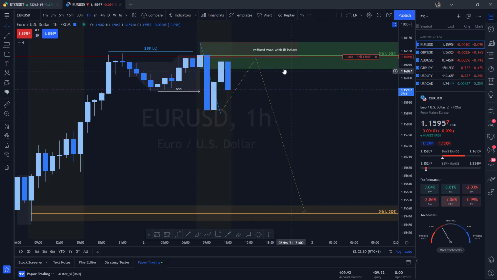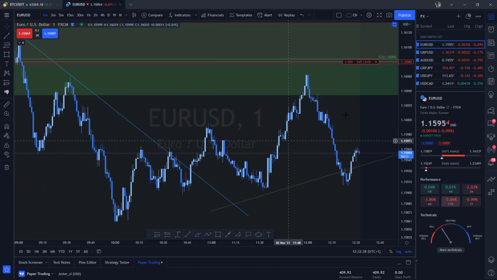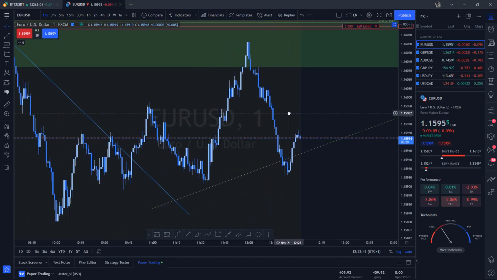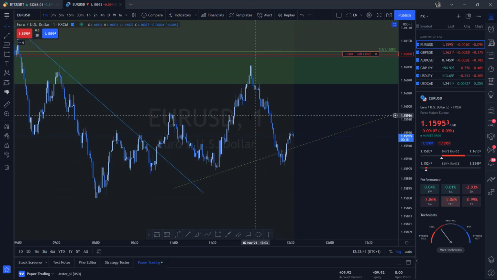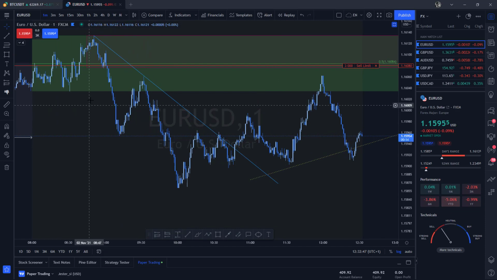It didn't trigger my sell limit order on the refined zone, but I will look for a possible re-entry on the 1 minute. The refined zone was based, I believe, on the 5-minute chart.